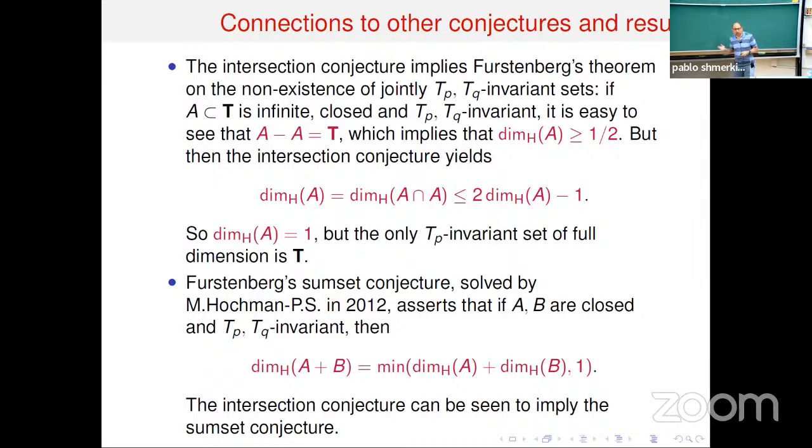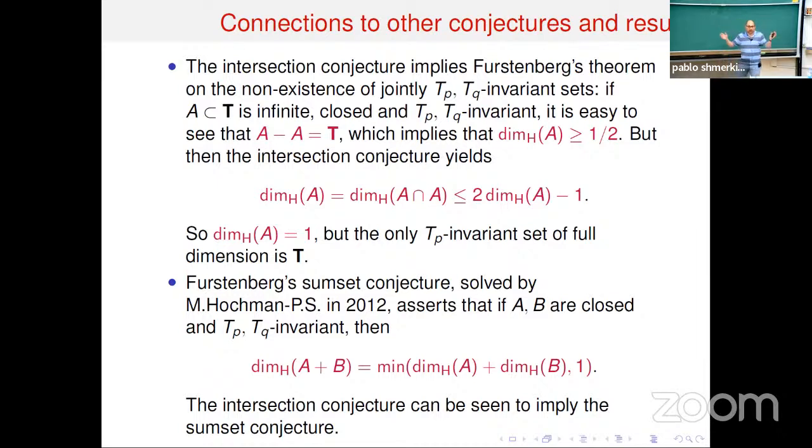And the heuristic for this is that here we are applying the sum map, x plus y, to the Cartesian product. Heuristically, when is an image of a function large? When most slices are small. But the slices of this sum map are intersections of A and translates of B. And now we know that all slices are small.